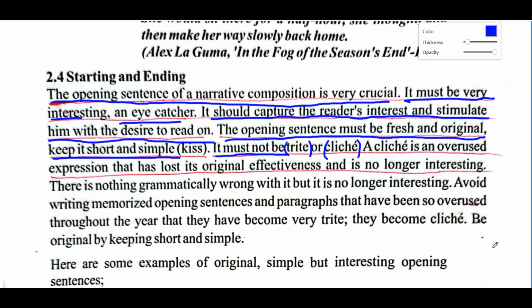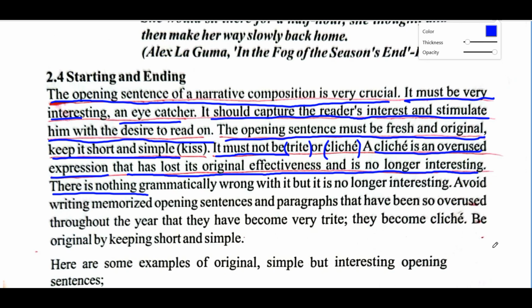So what is cliche? A cliche is an overused expression that has been used so many times that it has lost its original effectiveness and is no longer interesting. So avoid overused expressions, avoid a cliche.